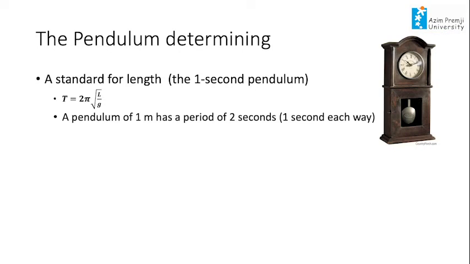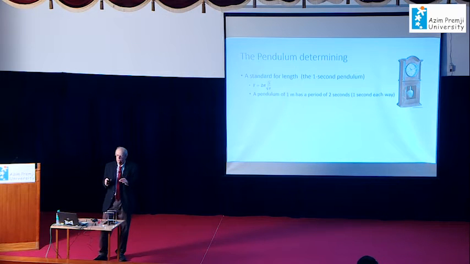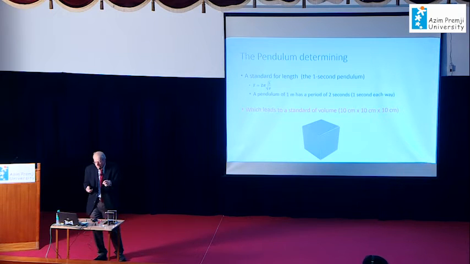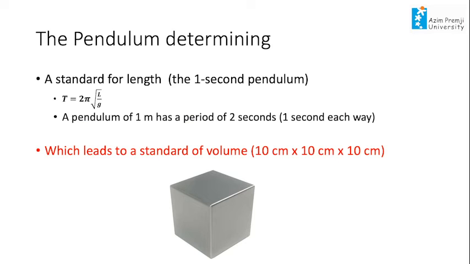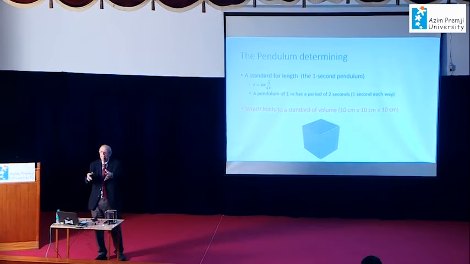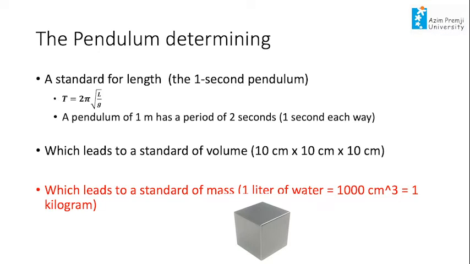Once we knew the pendulum, we then said we have a standard of length. If your pendulum goes back and forth in 1 second, we will call that 1 meter. And everybody now knew what a meter was. Once you have a standard length for commerce, you can then have a standard volume. 10 centimeters by 10 centimeters by 10 centimeters is now a standard volume, so you know how much ghee you're buying at the store.